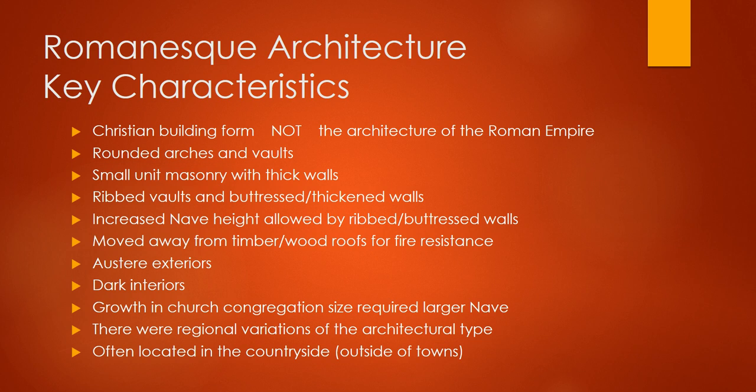Another thing that's not written up here that's important for you to understand: a lot of things change in 1,000 years, right? And so some of these buildings would take a long, long, long time to build. And in the middle of building it, somebody would come up with some new idea. And so it's not uncommon to see buildings that have one way of building on one side and a completely different way of building on another.